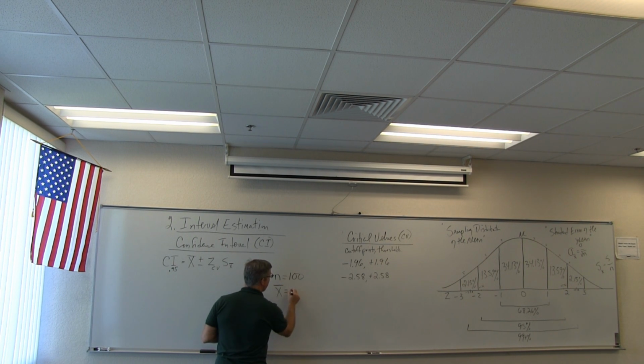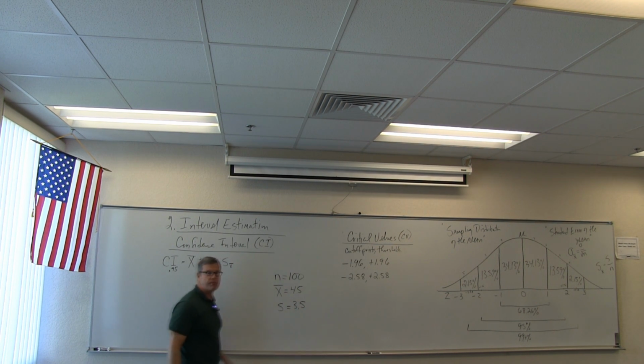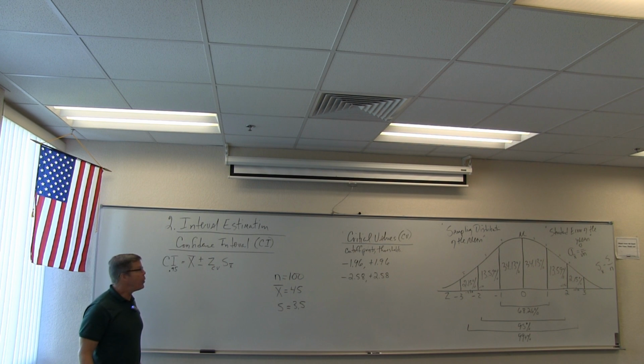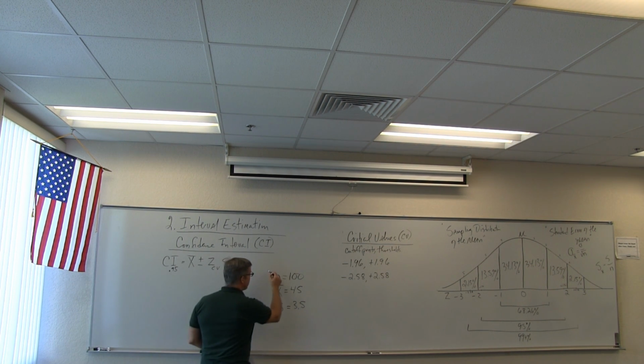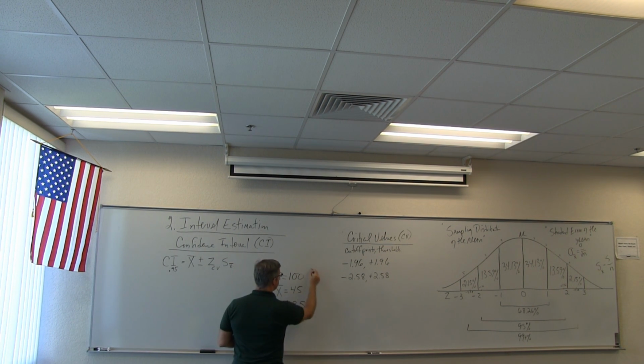Let's say that mean is 45, and let's say our standard deviation is 3.5. Great. We now have one set of sample information.